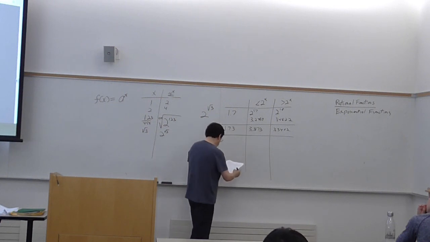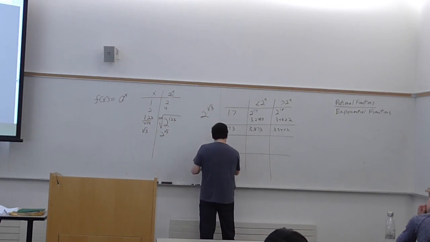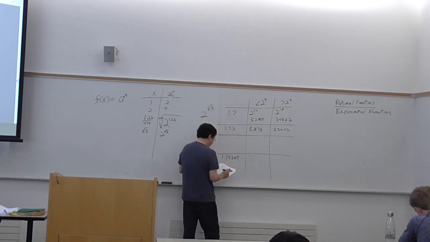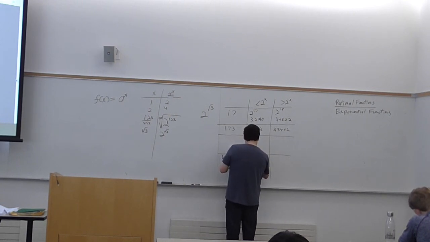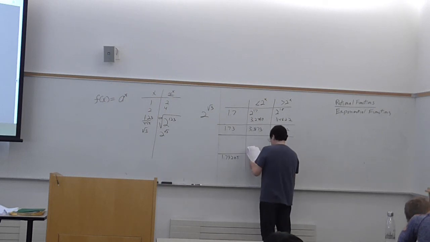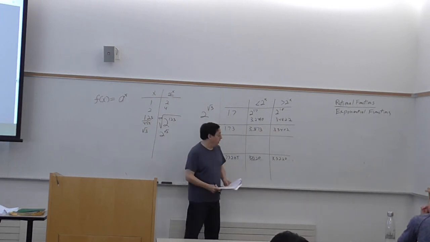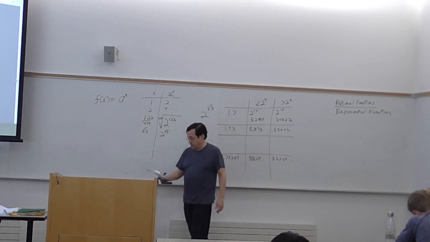I could keep going. When I get down to 1.73205 as my approximation for the square root of 3, I get 3.32220 and here I get 3.3220. Well, I don't know what those other digits are. But I do know this one is greater, this one is less.